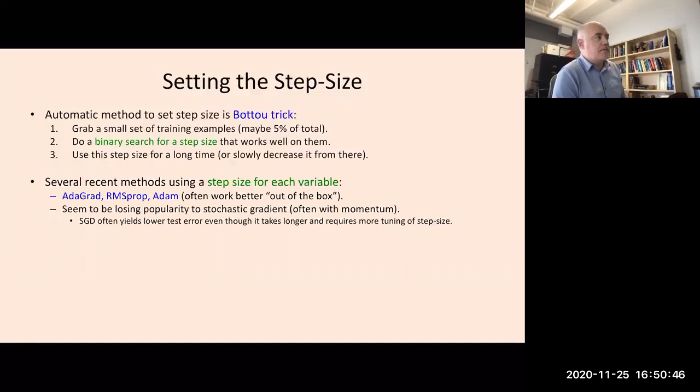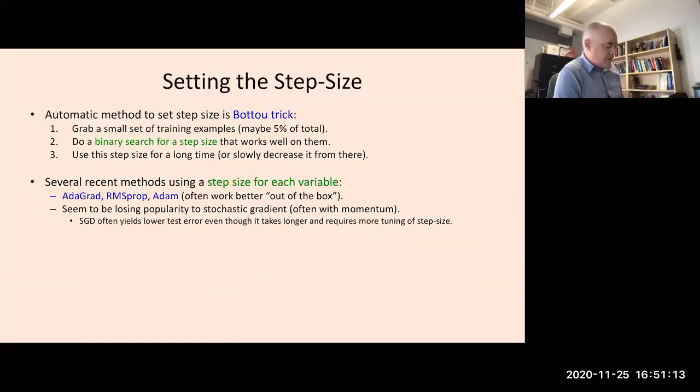There are other optimization algorithms that use different step sizes for different variables and learn something about the correlation structure of the latent parameter space as you go: Adagrad, RMSprop, Adam. Often these will work well enough out of the box that you can just apply them.